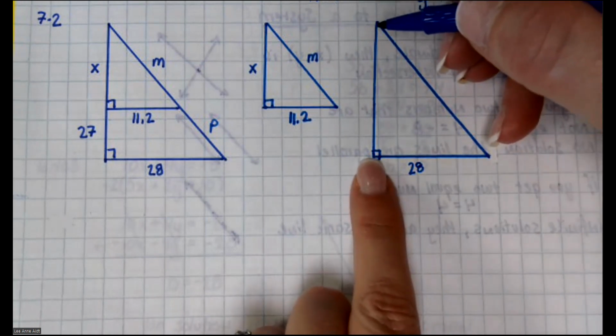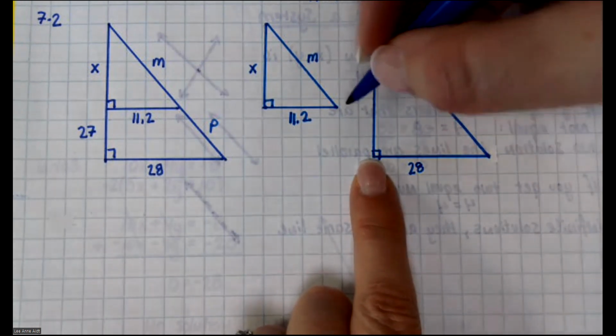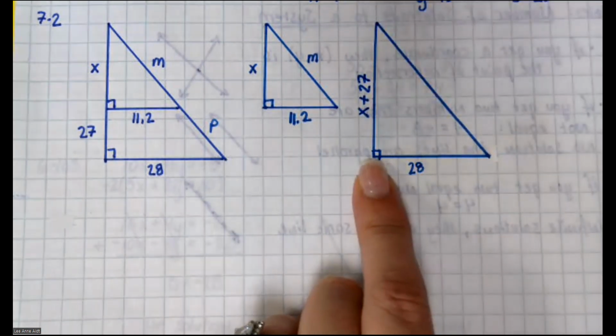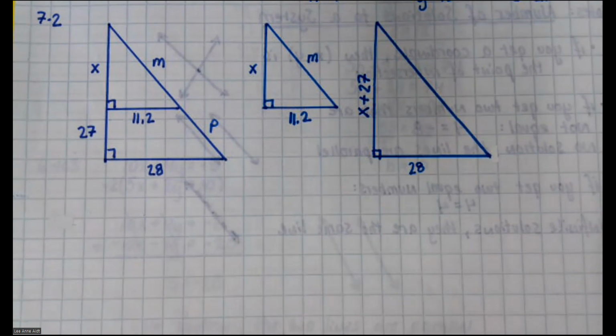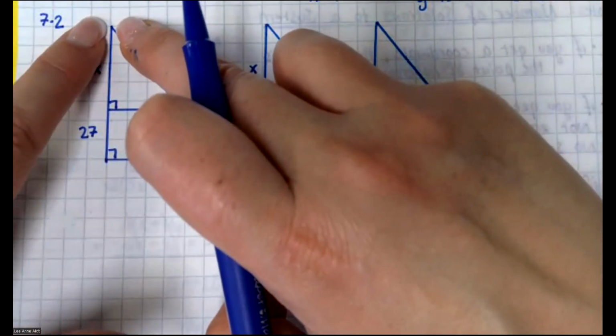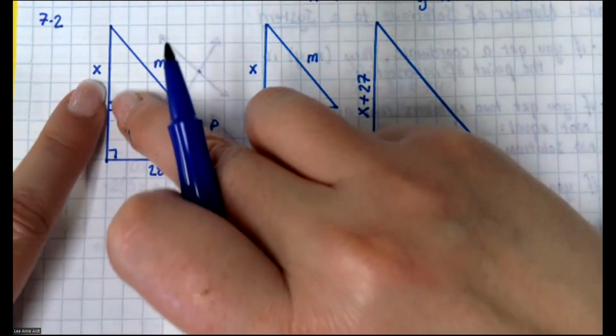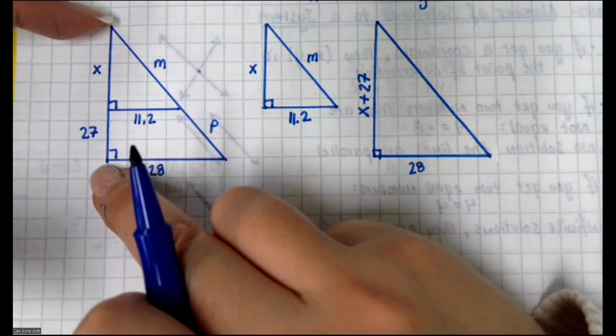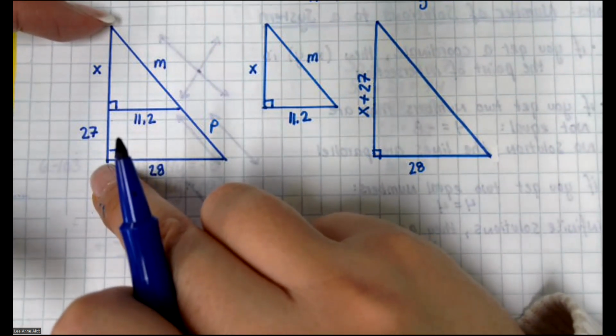How long is this? Yes, I'm going to write X plus 27. So think about if you have something that you measure and then something else that you measure, and when you stick them together, you add their two measurements together.